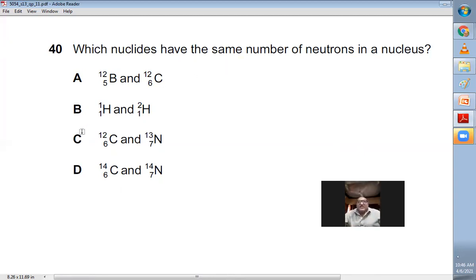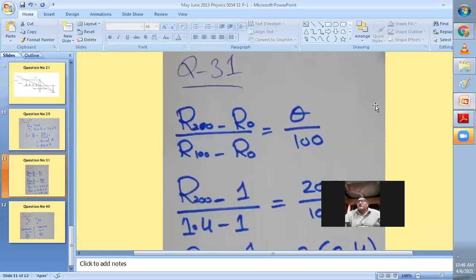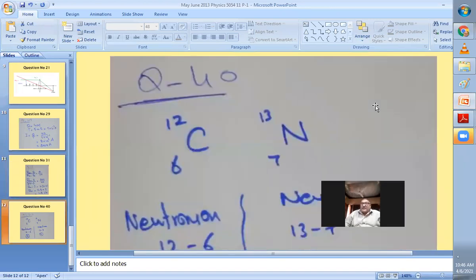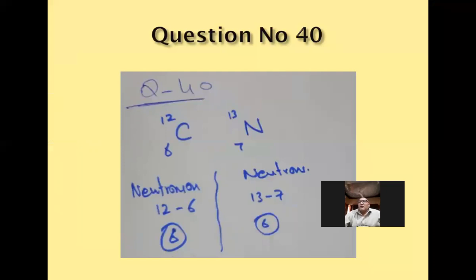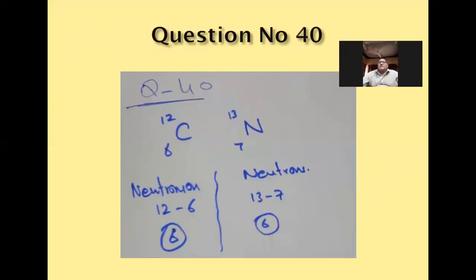Same thing. If you have not understood, I have also done this on paper. Let me show you my work. I have only written the correct ones here, carbon 12, 6 and nitrogen 13, 7.